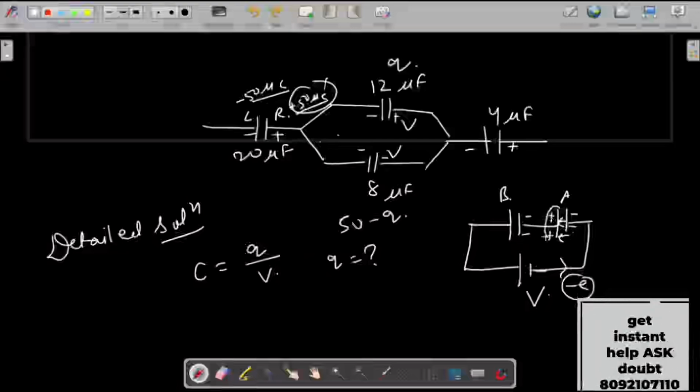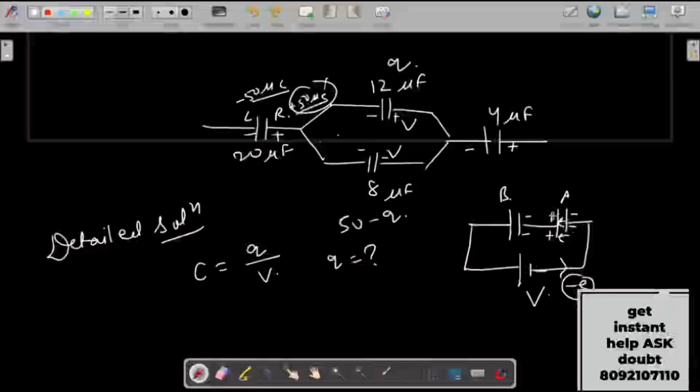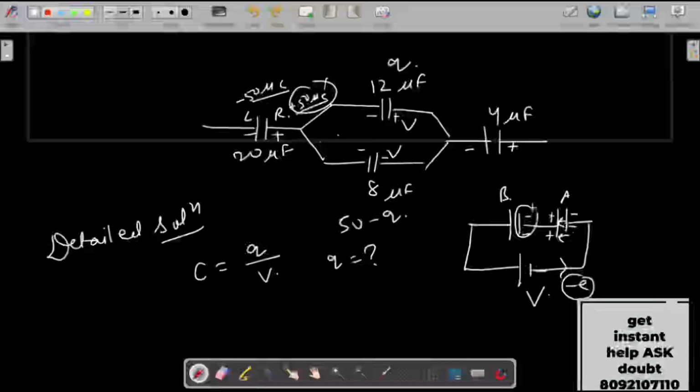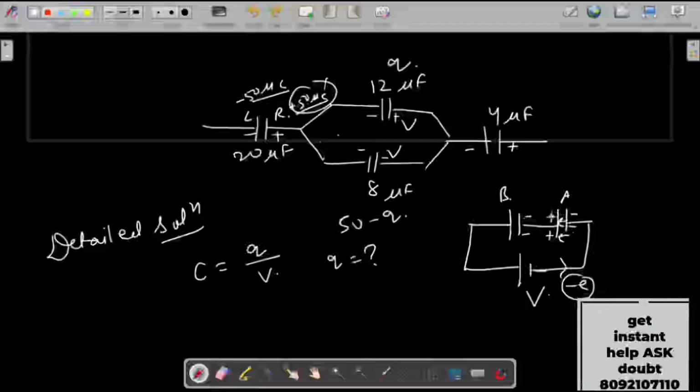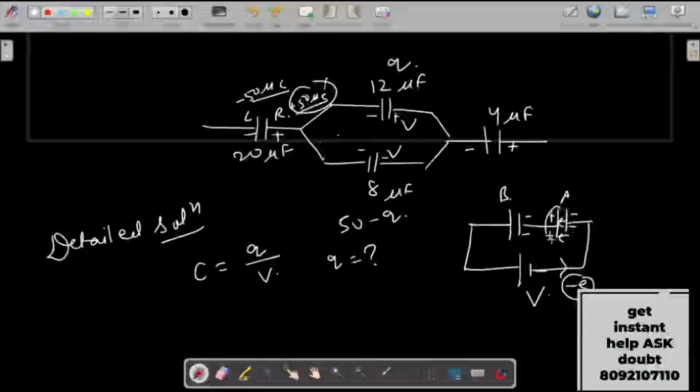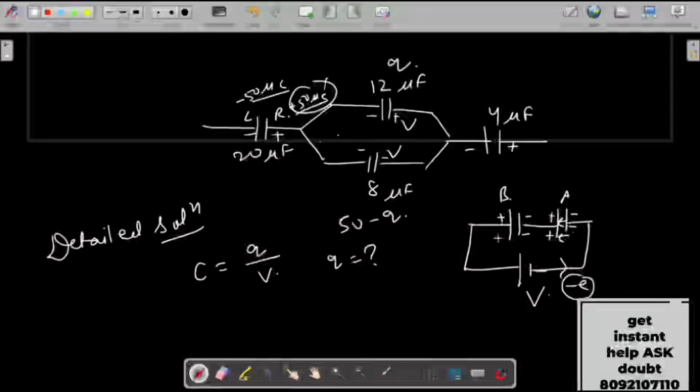So the amount of charge on this plate is equal to that on this plate but of opposite nature. So in this manner we can say that charges on a capacitor follow an alternating pattern. It means it has negative, then positive, then again negative and positive.